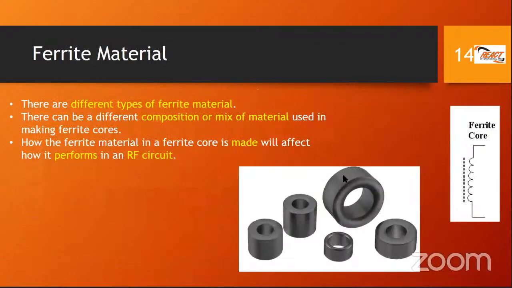All right, so we come to the ferrite material itself. So we note that there are different types of ferrite material. So if we look on the screen here, we will see, you have some ferrite cores here, and they may be made from different materials, different composition. And we say here that there can be a different composition or mix of material used in making the ferrite cores.